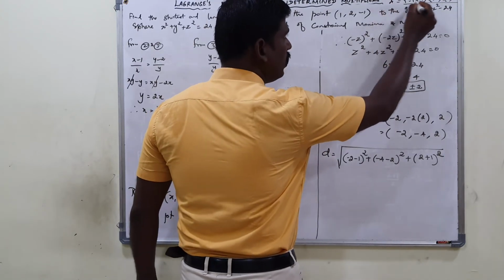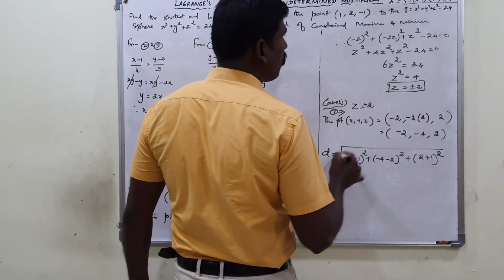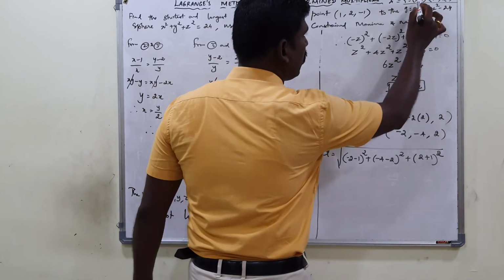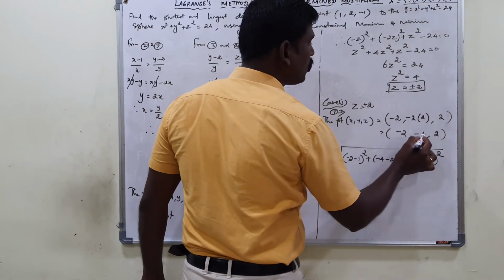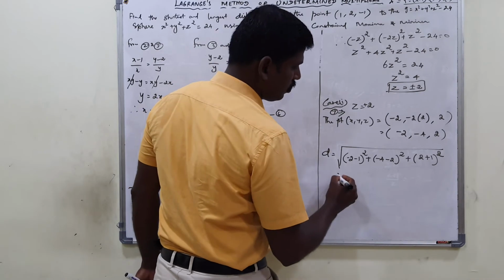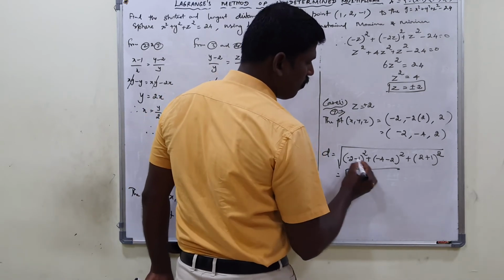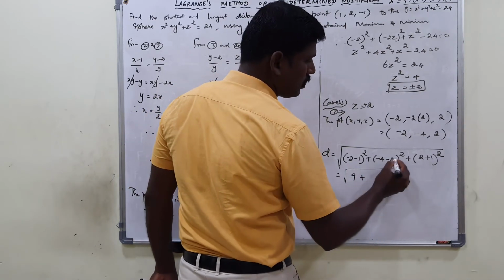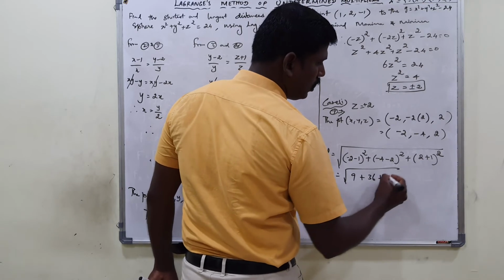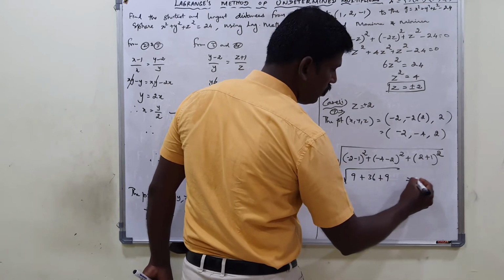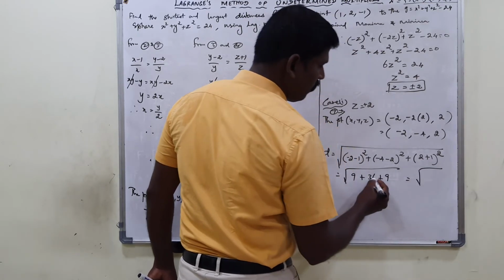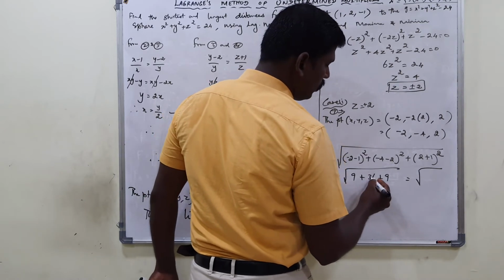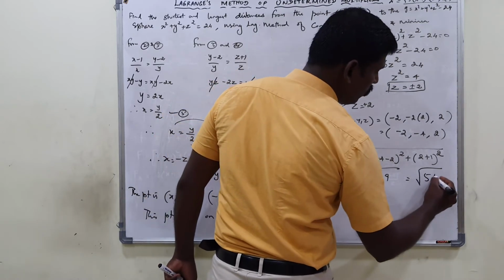So what is d? Square root of x minus 1 the whole square, and so on. Just I replace this x, y, z by minus 2, minus 4 and 2. Right? Simplify it, what you will get? Root of minus 3 the whole square is 9 plus 6 the whole square 36 plus 3 square is 9. So what you will get? Root of 54.